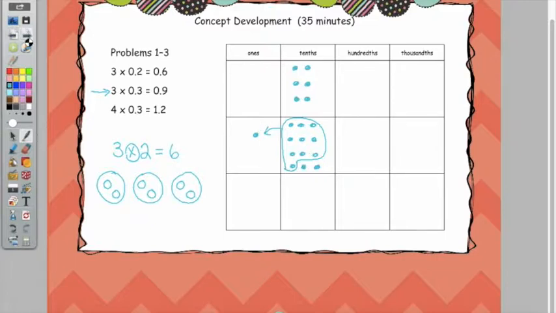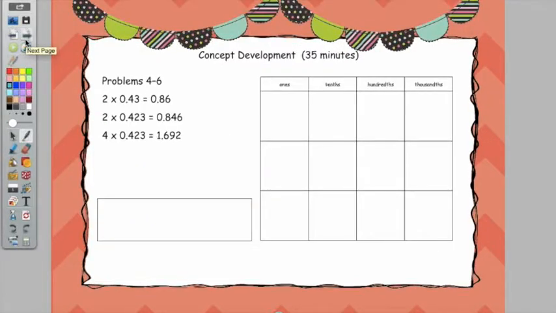It's a little more complicated, but not much. And I'll explain the area model, the long rectangle, in a little bit, okay? But let's do 2 copies of 43 hundredths. So here's what I want you to do. Start with 1 copy, okay? So 1 copy of 43 hundredths.